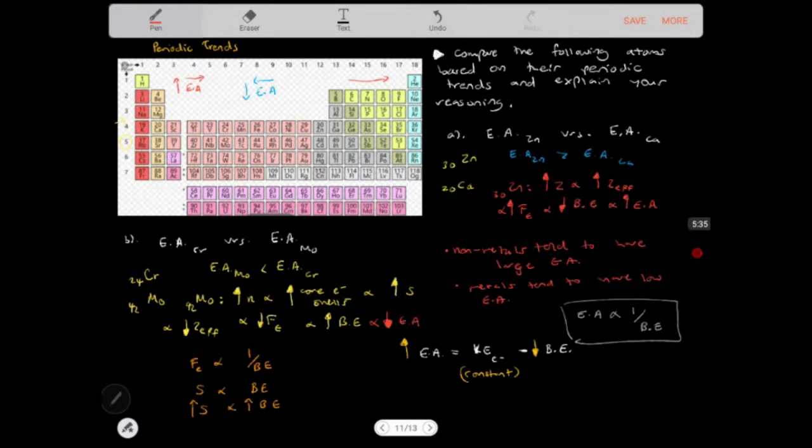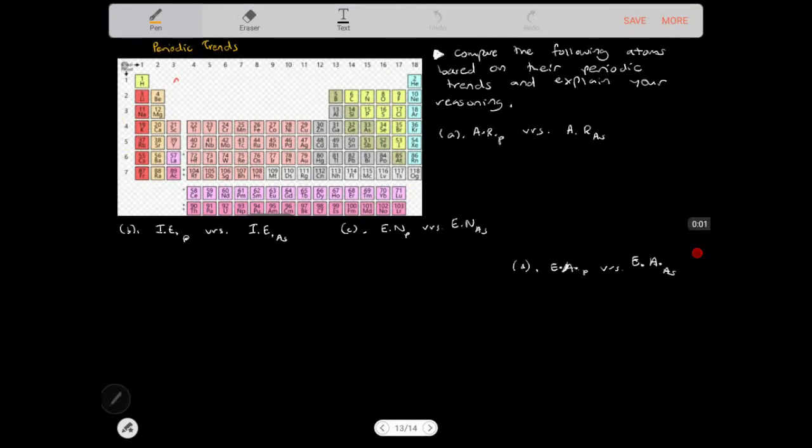So that's one of the reasons why they don't tend to gain electrons as spontaneously as nonmetals, and they prefer to lose electrons. So all of these things will tie in, and we'll relate these periodic trends later when we look at reactivity.